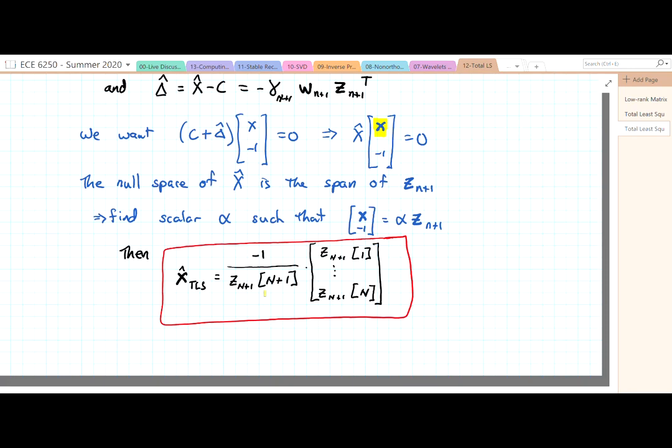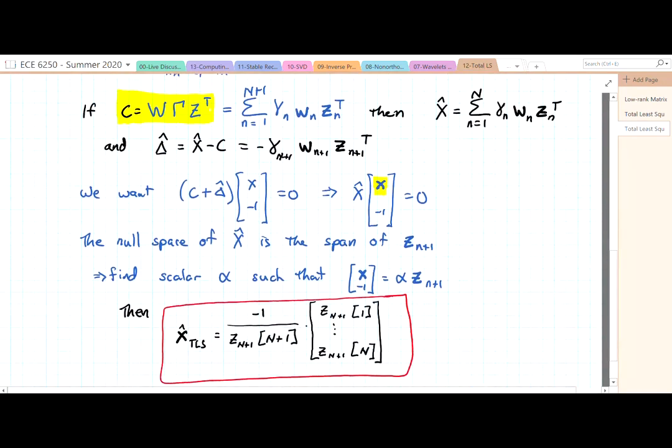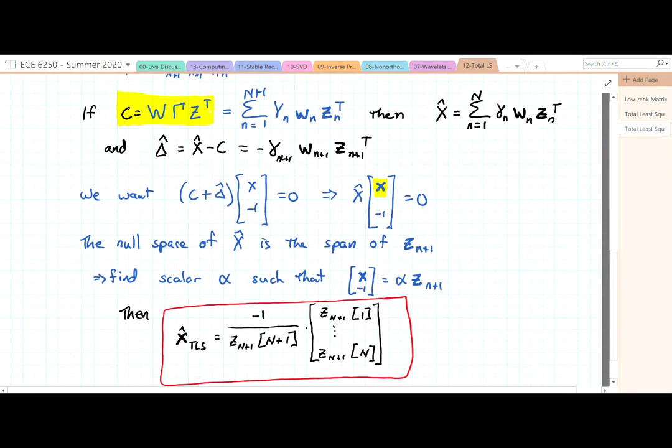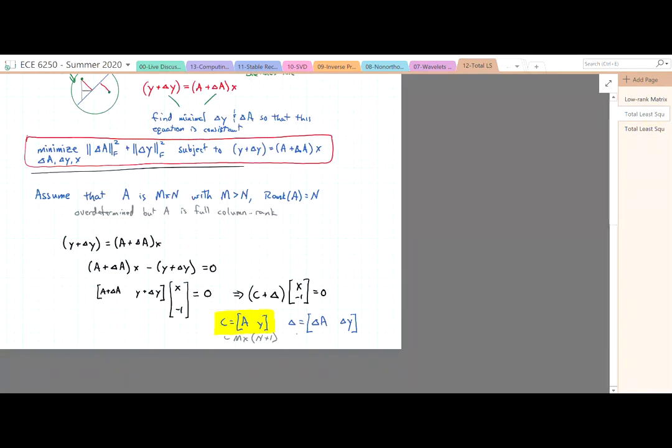Well, what is our delta y and our delta a? Well, we could calculate that if we wanted to, but we don't need to at this point. At this point, we have the solution that we're looking for, which is the x. But if you wanted to calculate delta y and delta a, we could do it from this expression right here, because our delta is equal to delta a augmented with delta y.